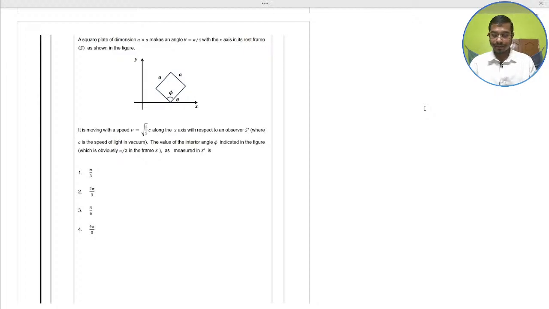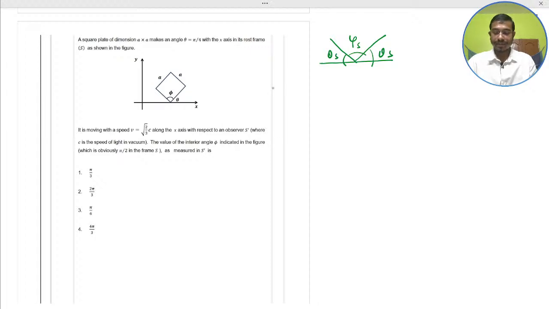This is from the special theory of relativity. So here this is theta s, this is the interior angle phi s, and here is also theta s.